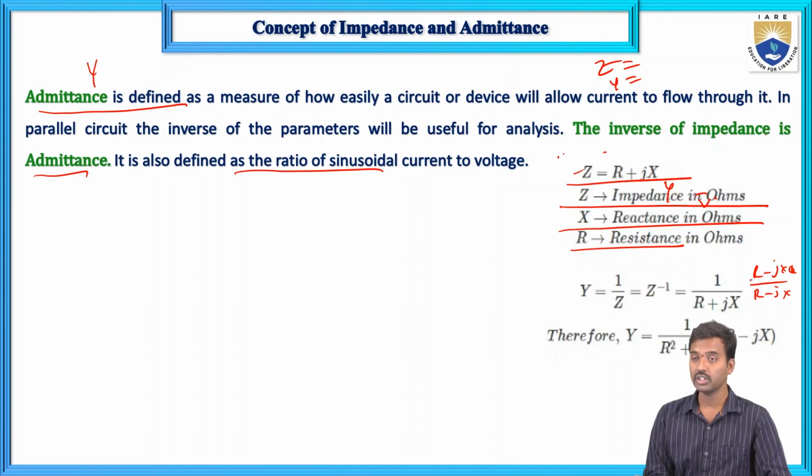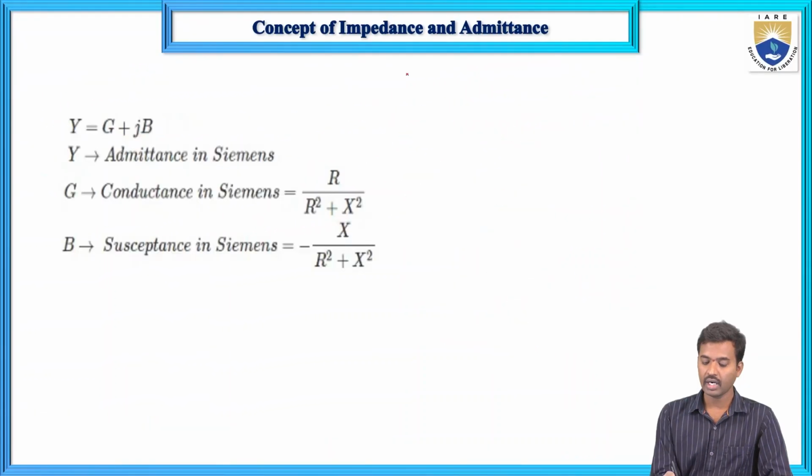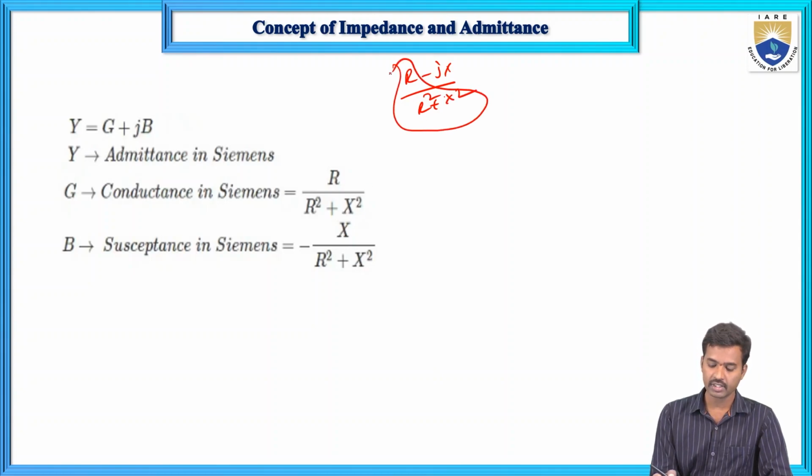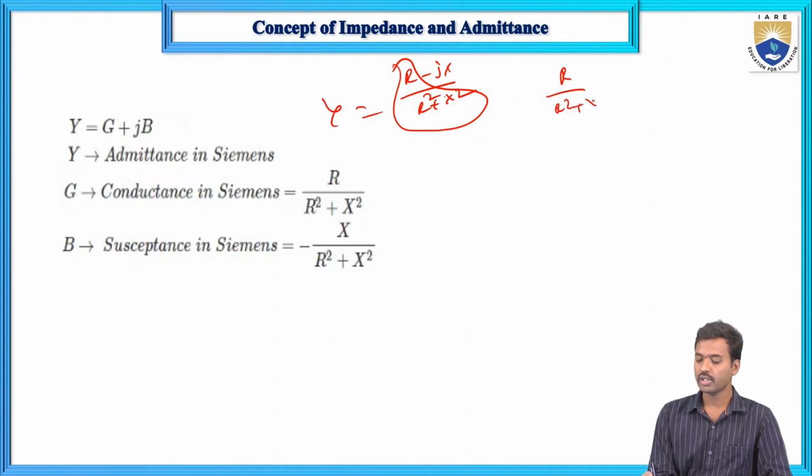There is no change in the numerator and denominator, and if you multiply (a plus b) into (a minus b), you get R square minus j square X square, and j square means minus, so R square plus X square. So Y equals 1 by Z equals (R minus jX) by (R square plus X square), that is R by (R square plus X square) minus jX by (R square plus X square).